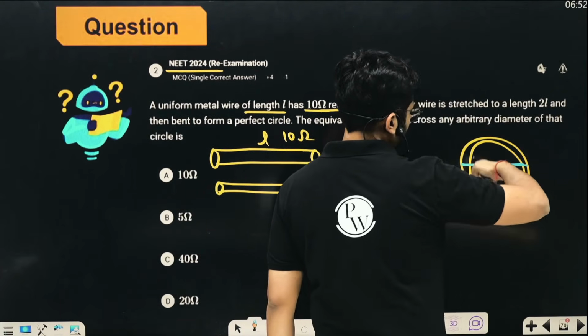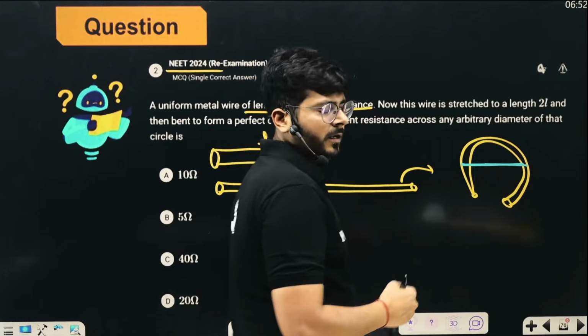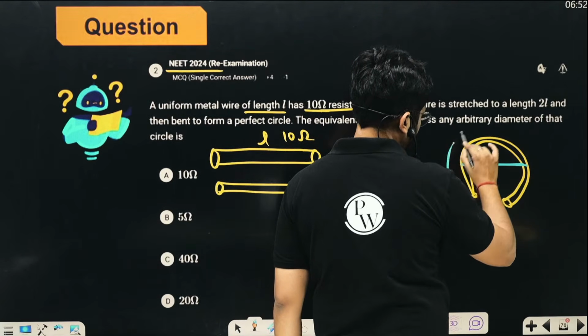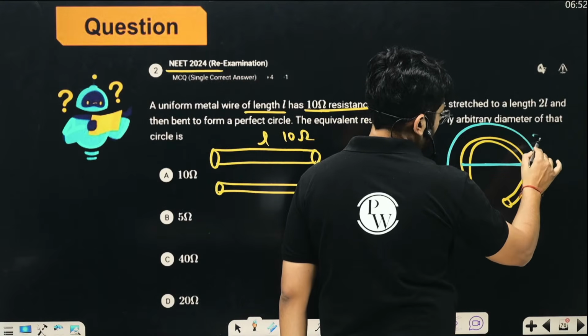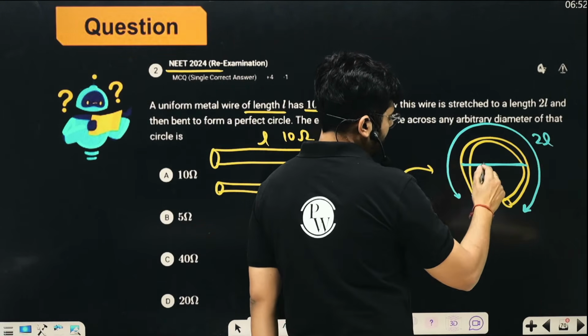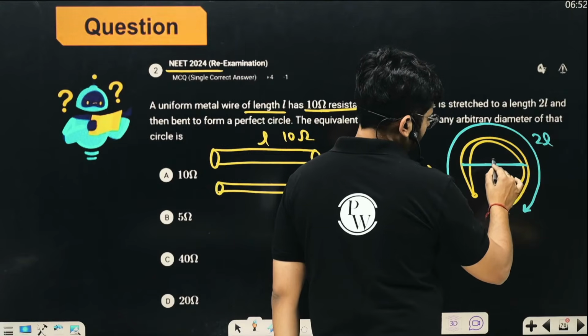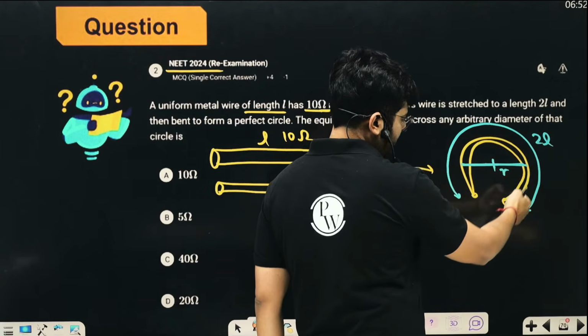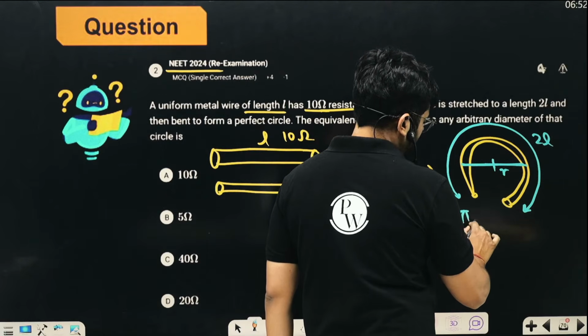My dear kids, the total length of this wire is 2L, right? And if the diameter is D, the radius is R, then the circumference is going to be 2 pi R. Yes or no?